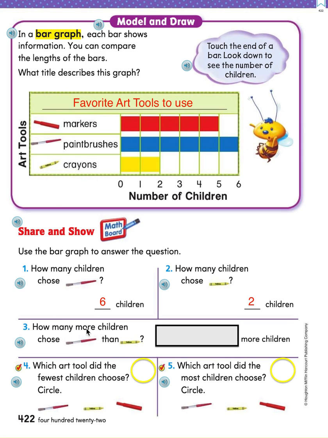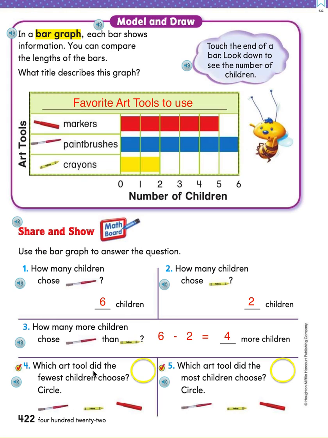How many more tells us we need to subtract. And I already have my numbers here, so I know 6 minus 2 is going to give me the answer of 4. 4 more children chose paintbrushes than crayons.